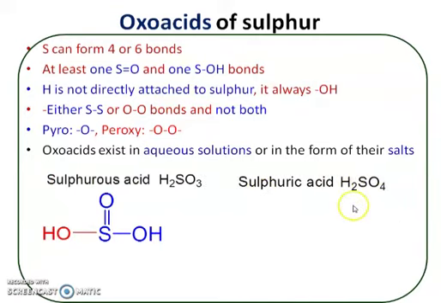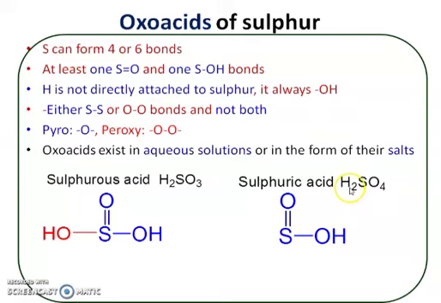Now the structure of sulfuric acid, H2SO4. This is a well known mineral acid. Again, as I said, there must be one sulfur-oxygen double bond and a sulfur-OH single bond. So this type of structure must be there in sulfuric acid. Now out of 4 oxygen atoms, 2 are used.